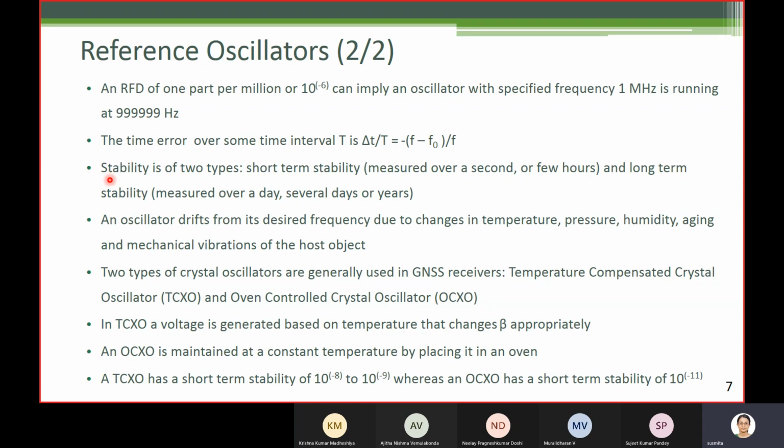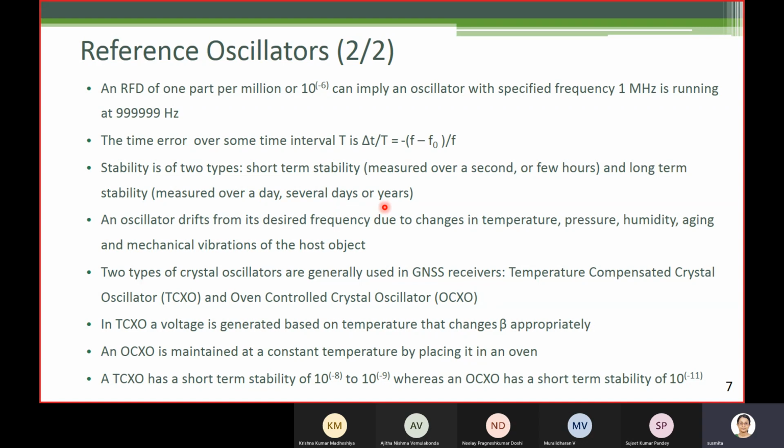Now, as I told you earlier, stability is associated with time. There are two types of stability: short-term stability and long-term stability. Short-term stability is measured over a second or a few hours in a day, whereas long-term stability is measured over a day, over several days, or over years.